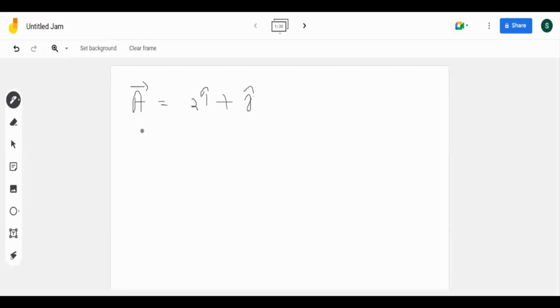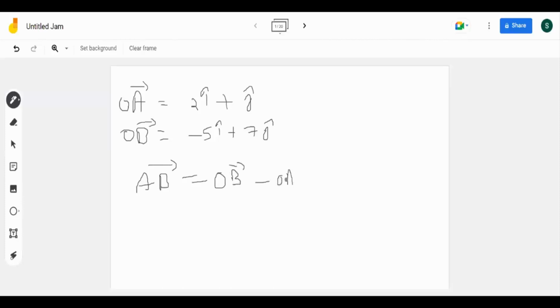Position vector of A, let us call it OA, vector from origin, and OB is the position vector of B. So vector AB is the position vector of B, that is the endpoint, minus the position vector of A. This is very important, you must know this.